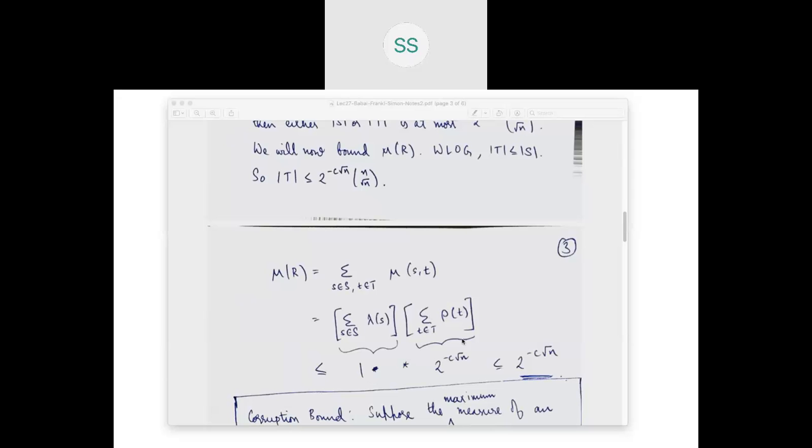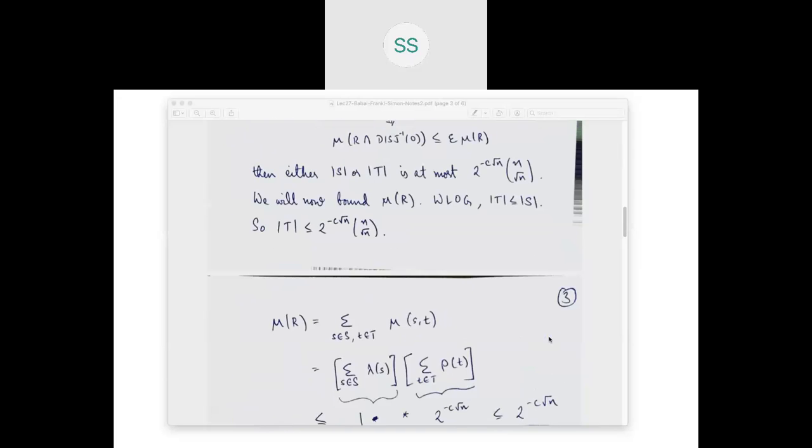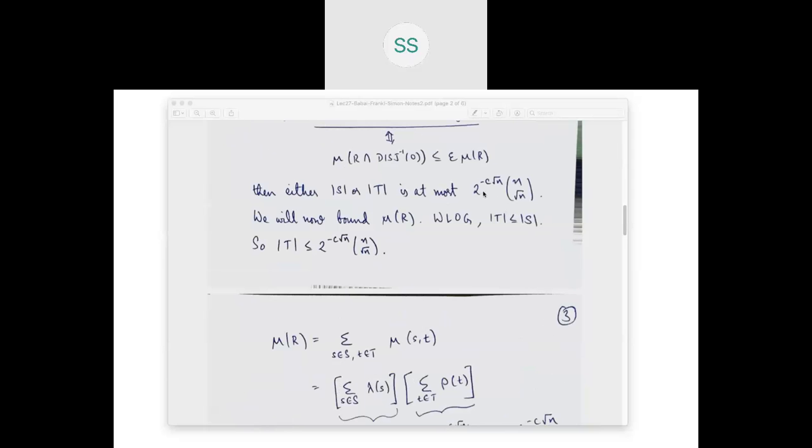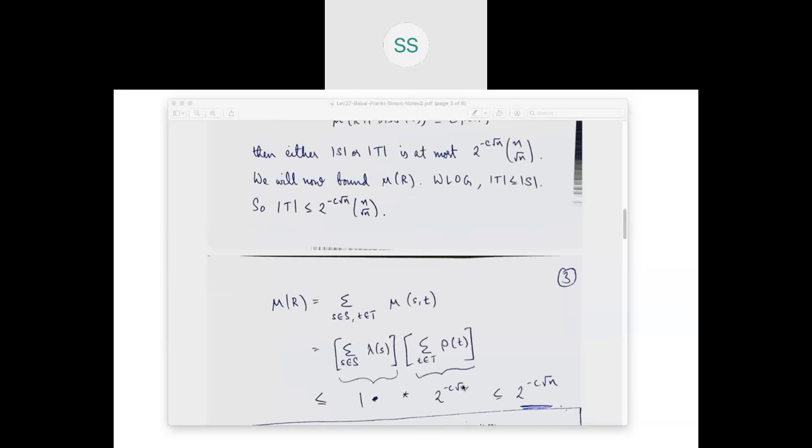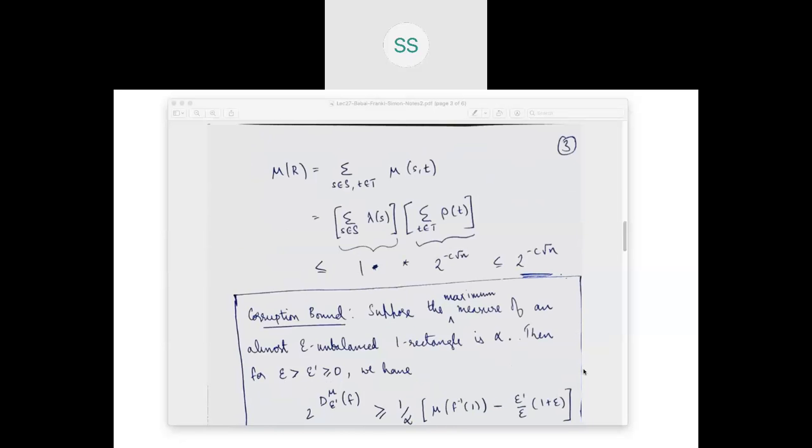And we know that the summation of the measures of the columns is upper bounded by 2 power minus c square root n. Recall that n to square root n is the number of columns, and it is uniformly distributed, so that will not appear in the measure. It is just 2 power minus c square root n. So the measure of R is at most 2 power minus c square root n.